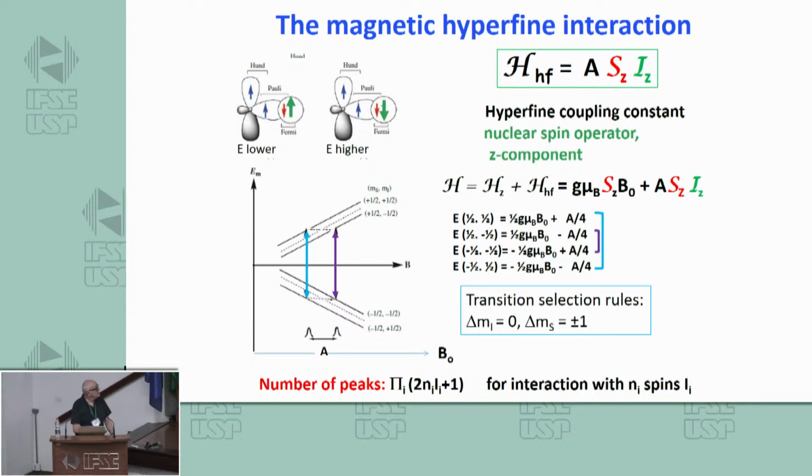But the orientational quantum number of the nuclei is not changing, because we're not doing irradiation with radio waves. We don't do NMR. So only transitions that conserve the orientational quantum number of the nuclei can be observed.